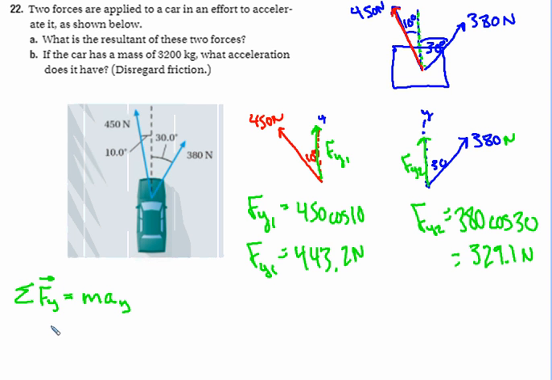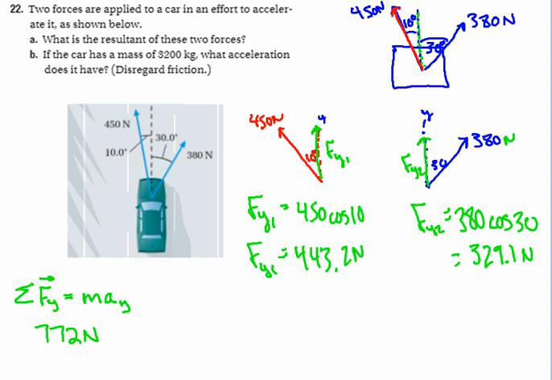And so what are the forces in the y? 443.2 and 329.1. Add those together, and you get 772 newtons. And that's the net force in the y direction.